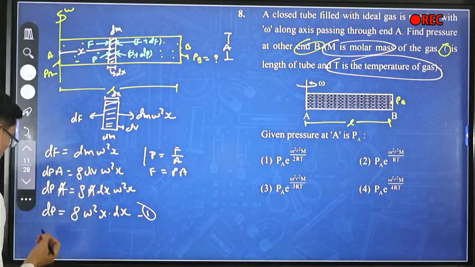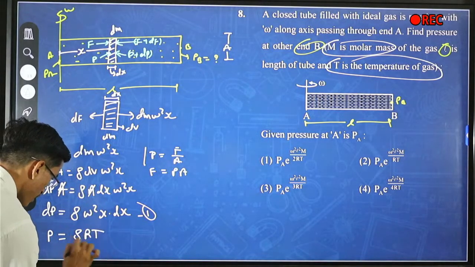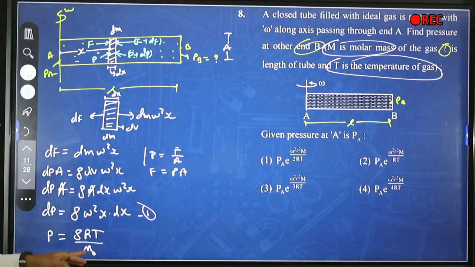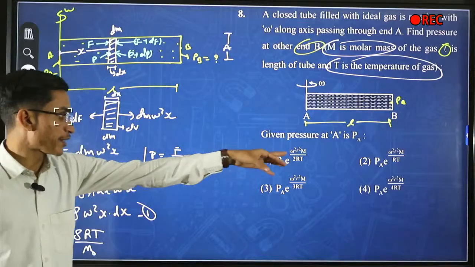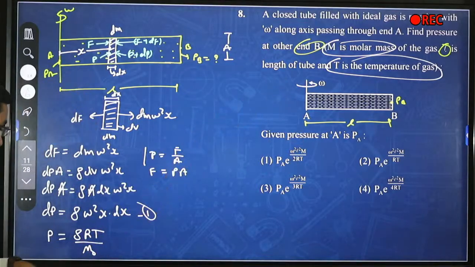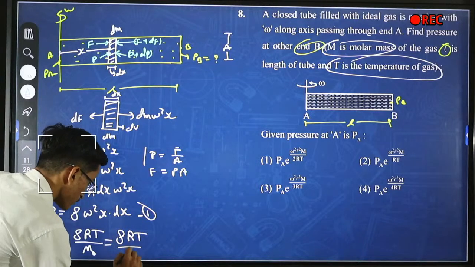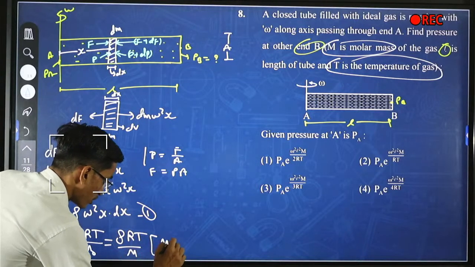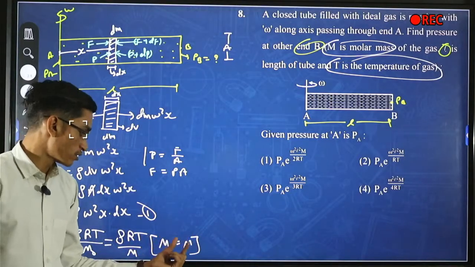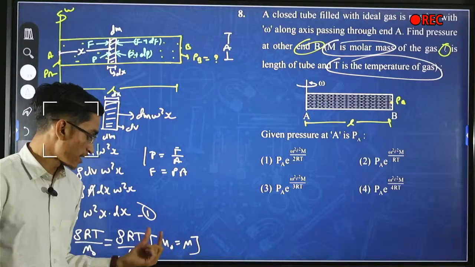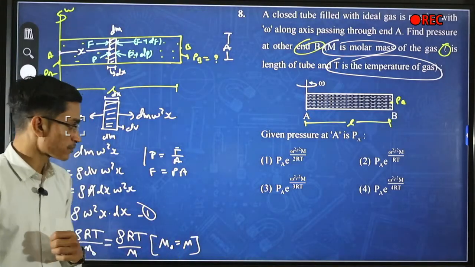So we have a formula that the pressure is equal to rho RT by M, where M is our molar mass, and in this question capital M is considered as molar mass. Generally we use small m as mass and M as molar mass. But in this case, M is considered as molar mass.